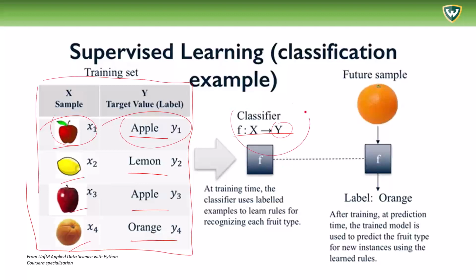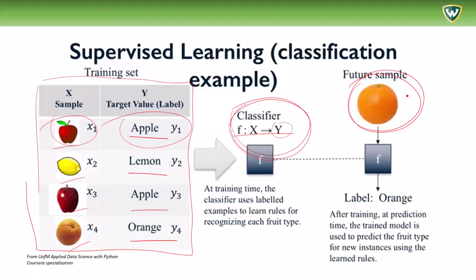So the classifier is this function that is built from the training data. Once the classifier is built, we may get a new object. We can see here in the image that this is an orange, but the computer doesn't know.